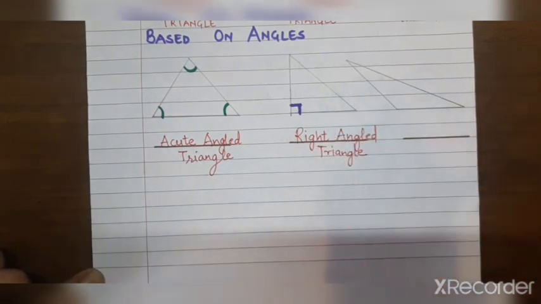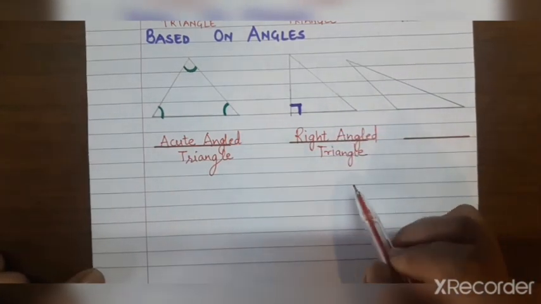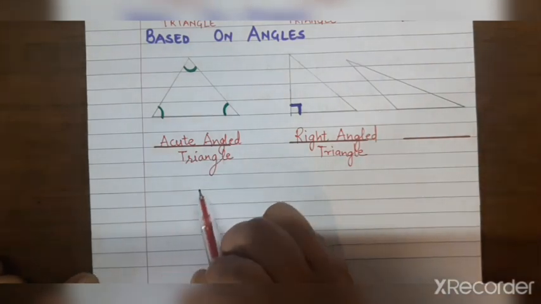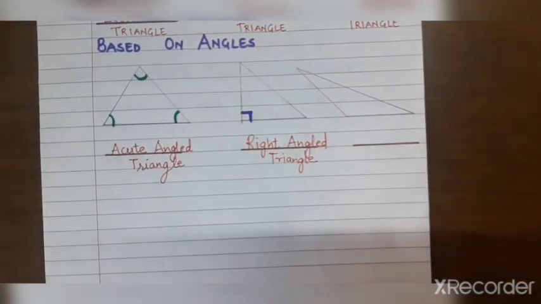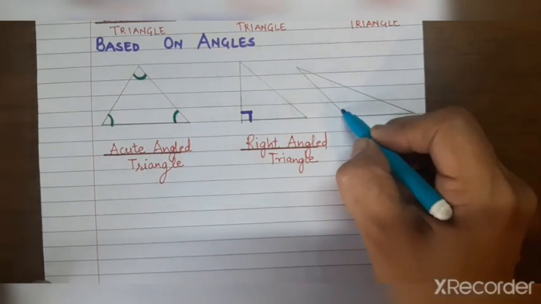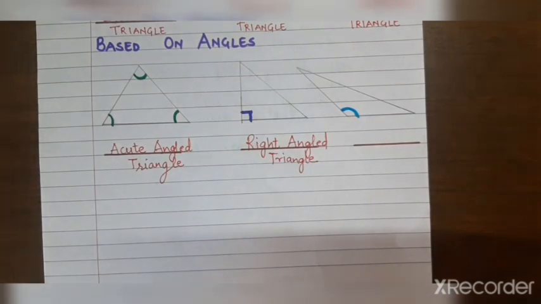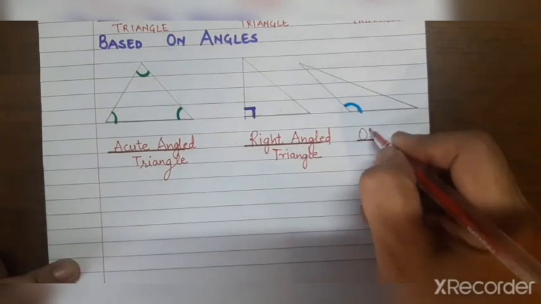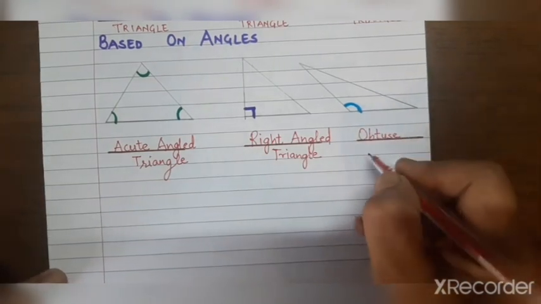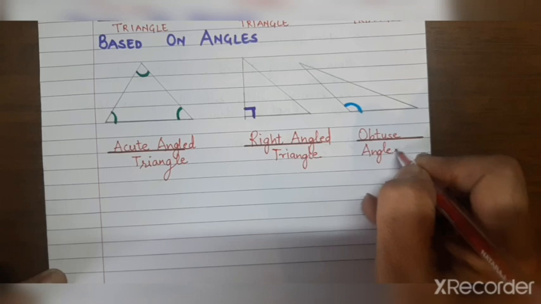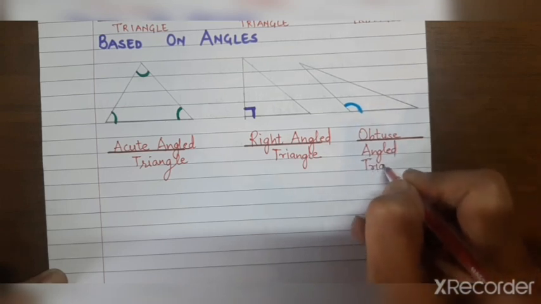It is not a right triangle, it is a right angled triangle. It is an acute angled triangle. And now the last, if any one angle of a triangle is an obtuse angle, or more than 90 degrees, it is called an obtuse angle triangle.